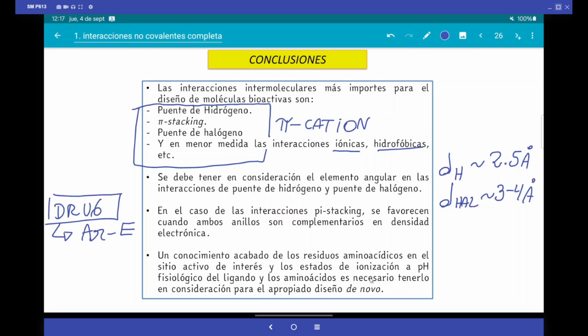There is only one case in which there may be an electrophilic aromatic ring in the protein. With which residues?